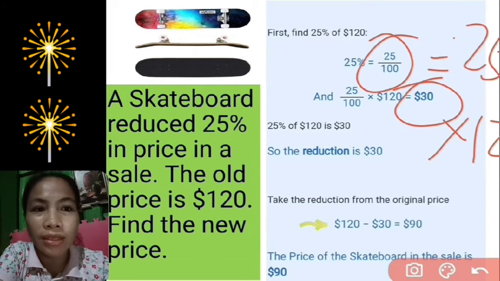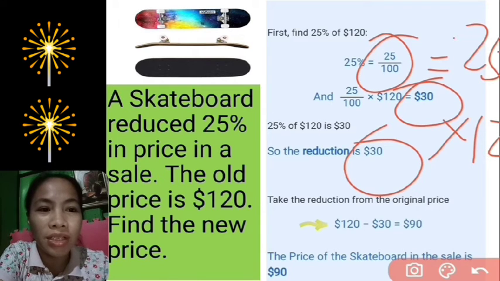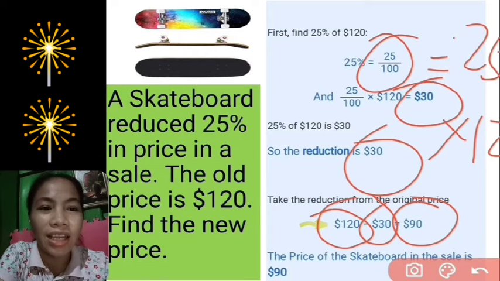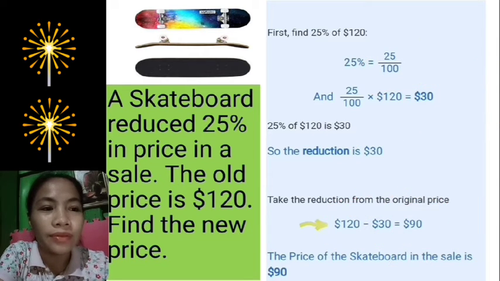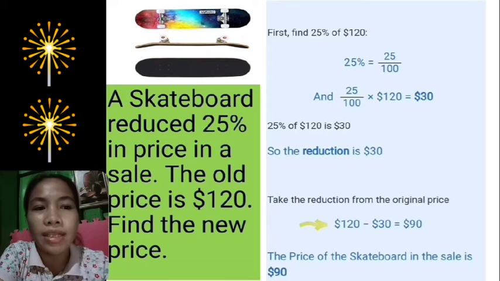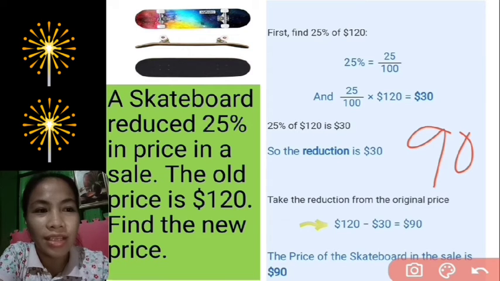So 25% of 120 US dollars is 30 US dollars. The reduction is 30 US dollars. Take the reduction from the original price: 120 minus 30 is equal to 90. The price of the skateboard in the sale is 90 US dollars.